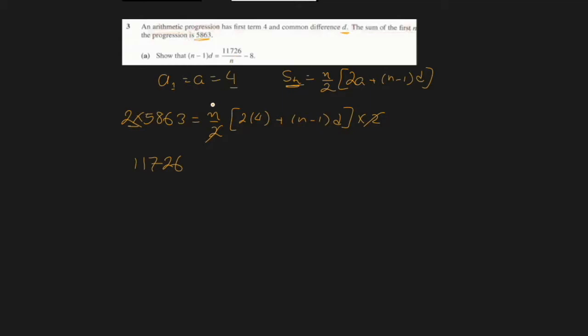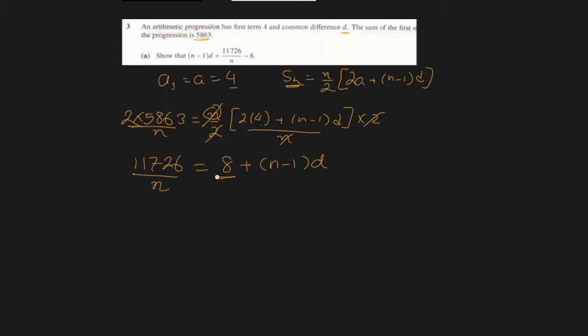They want n as a denominator, so let's get rid of this n by dividing the whole of it by n, and the left side as well, so that n and n cancel out. So we are left with 2 times 4, 8, plus (n minus 1)d.